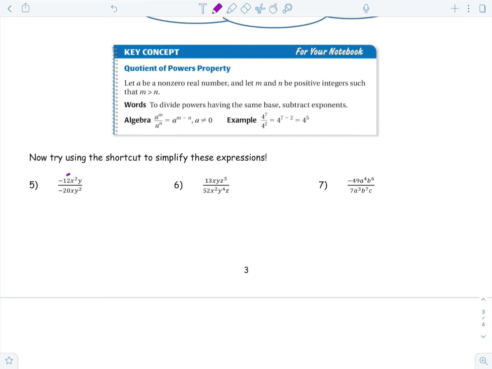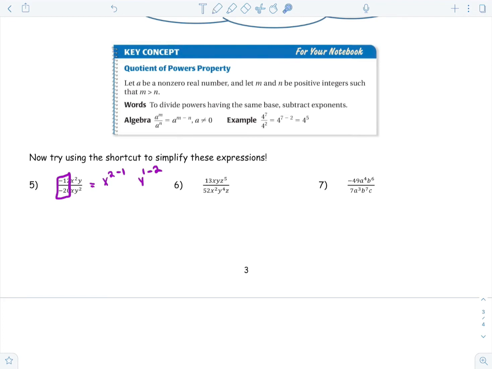We know how to expand this, and we will handle the negative 12 over 20 in just a second. But just looking at the x squared and the y, right? We could just subtract. So this would be x squared and minus 1, right? We could do that. And then we could do, there's a y to the 1 minus 2.